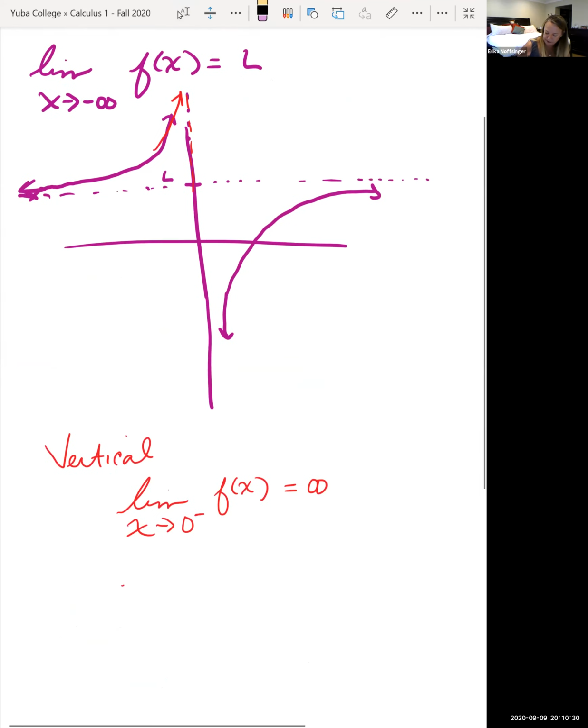And then if we look at the limit as x is approaching 0 from the right of f of x, as we get closer and closer to x equals 0 on the right, the graph shoots downwards and is going to negative infinity.